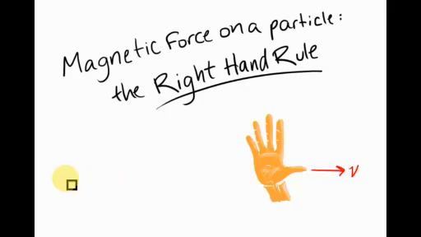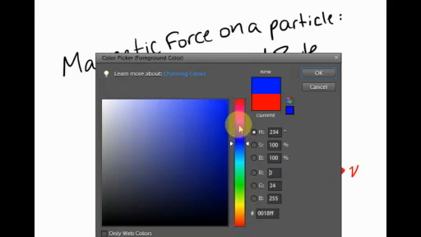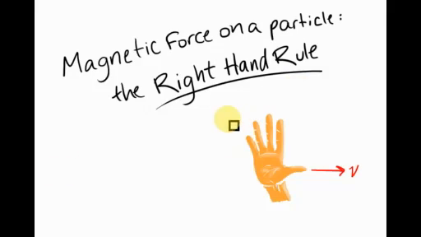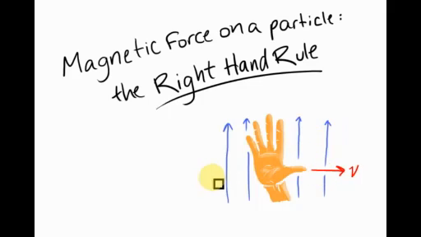Now your fingers point in the direction of the magnetic field, which, in this case, would be pointing upwards. Okay, and that's B, the magnetic field, from your fingers. Just imagine that.